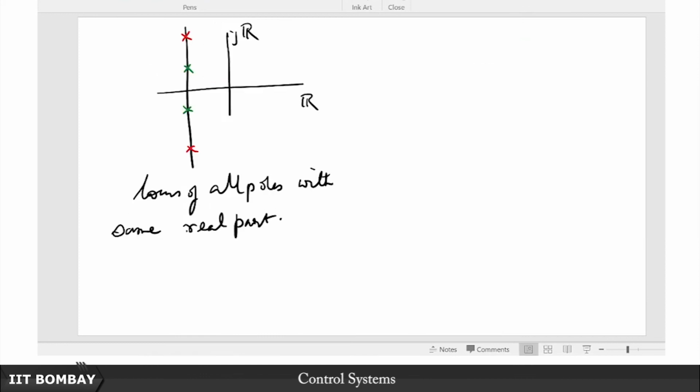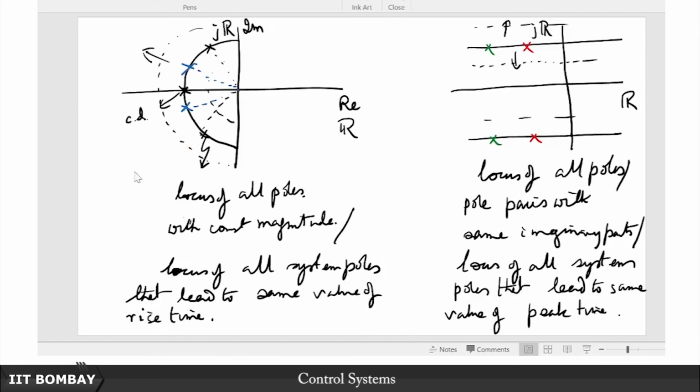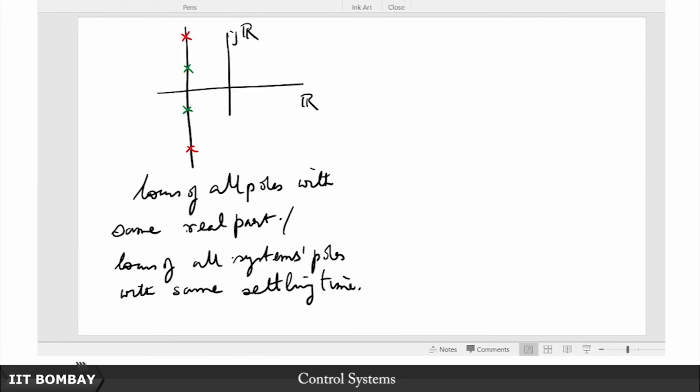Similarly here, this is also the locus of all system poles with the same settling time. So this is basically the constant settling time locus, just like this is the constant peak time locus, and this is the constant rise time locus, okay. Alright, so this is the locus of all system poles with the same settling time, okay.